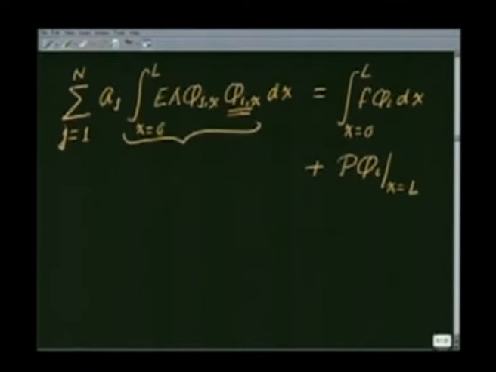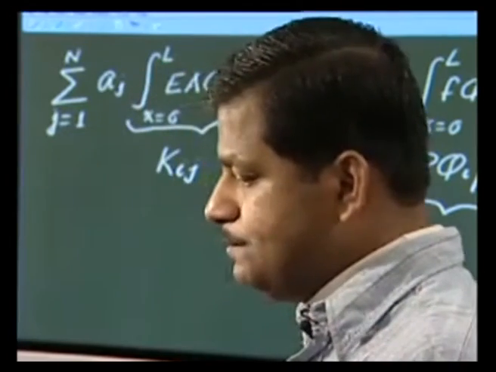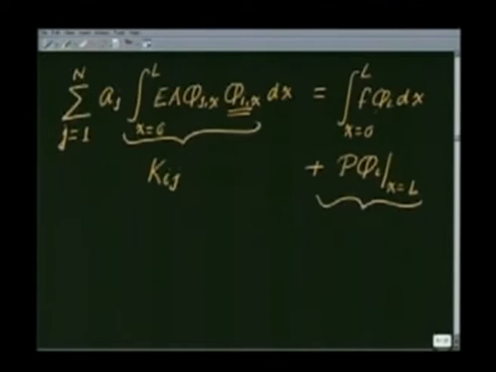So what we can write here is, we can replace this by coefficient kij. So this integral becomes the coefficient, or a number, kij. Similarly, corresponding to the choice of delta un equal to 1 into phi i, we'll get this one as f into phi i integrated plus p into phi i at L. So we'll call this by a name fi, which is again a number.